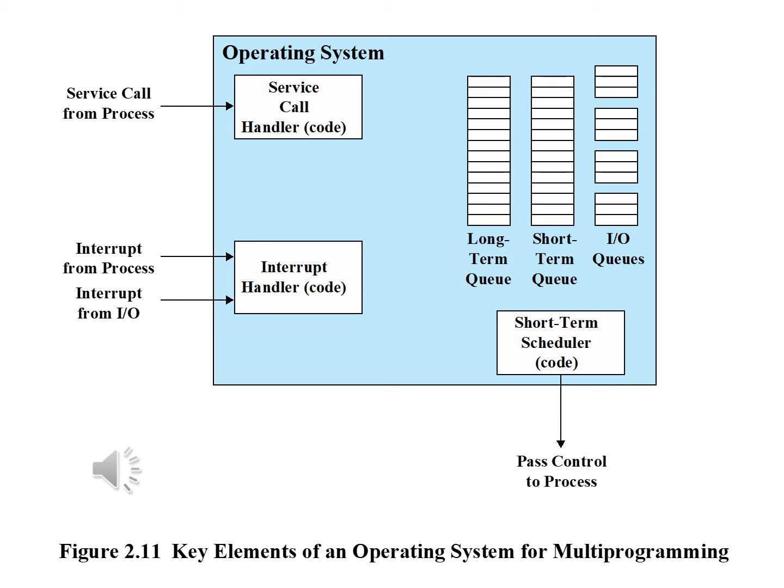The short-term queue consists of processes that are in main memory, or at least an essential minimum portion of each is in main memory, and they are ready to run as soon as the processor is made available. Any one of these processes could use the processor next. It is up to the short-term scheduler or dispatcher to pick one.